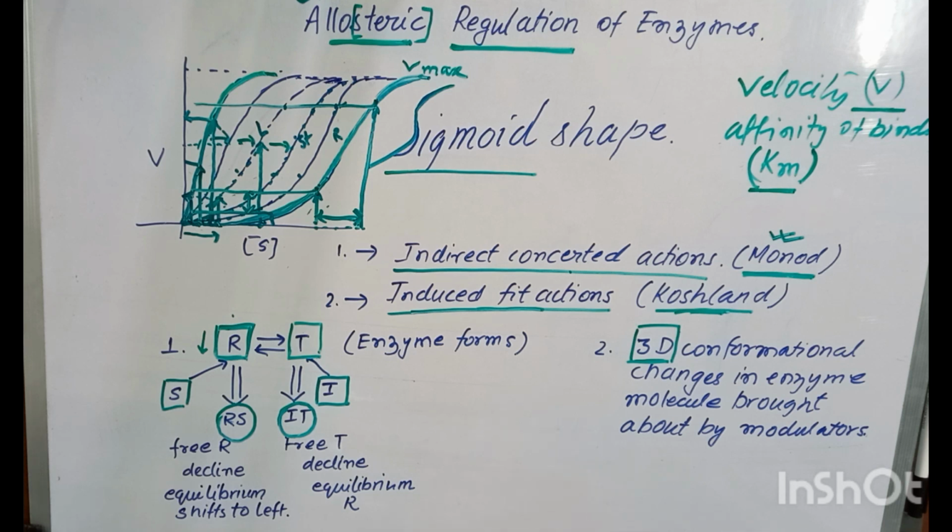Every substrate binding to the enzyme will convert it into a different three-dimensional form, so that its affinity towards the substrate, its activity, its velocity increases progressively, and so the enzyme gets activated. Reversibly, if it binds to the inhibitor, it will get more and more inhibited by the change in its three-dimensional form, by conformational changes of the enzyme. These conformational changes will inhibit the enzyme. So this is the basis of allosteric regulation of enzyme.